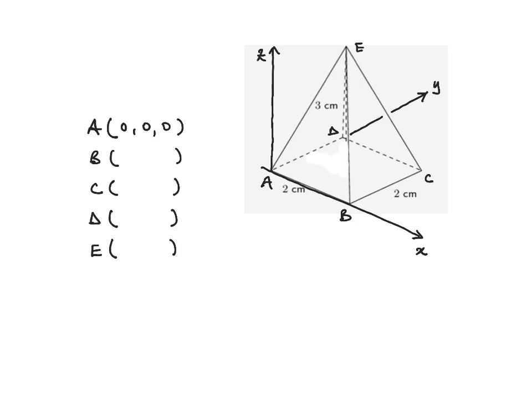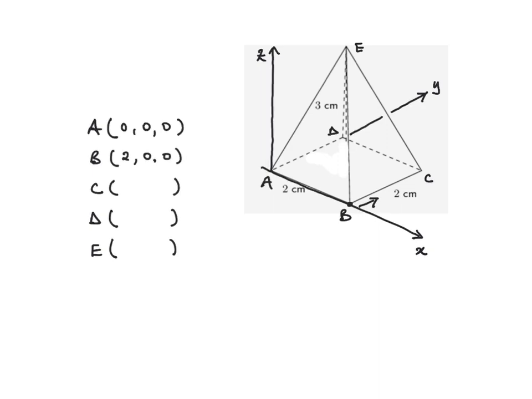How do we get from A to B? Well, I hope you can see that we move 2 in the positive x direction. We move 0 in the y direction. So we're not moving in this direction at all. And we're not moving up. So we have 0 for a y coordinate and 0 for the z coordinate.